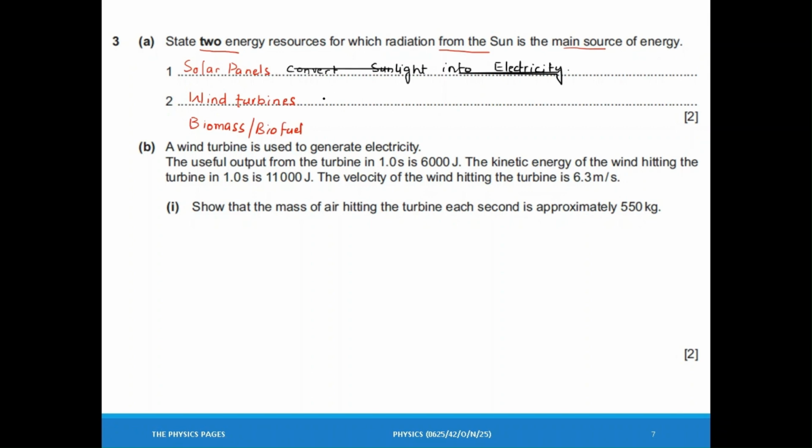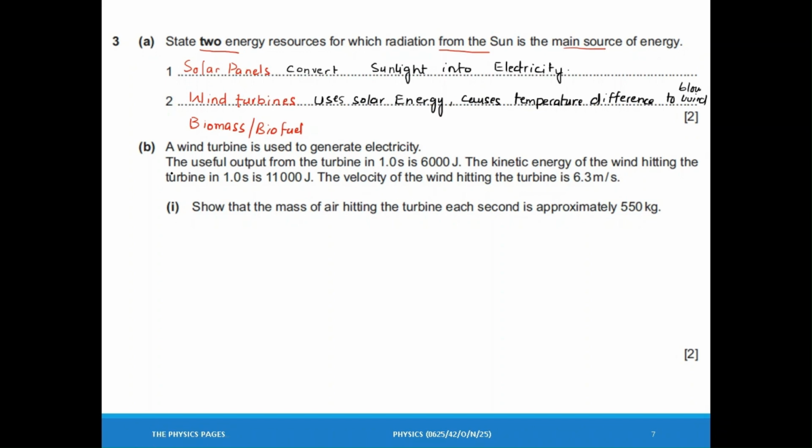Wind turbines use solar energy that causes temperature difference due to which wind blows. Temperature difference causes the wind to blow. Similarly, biomass and the other can be discussed.